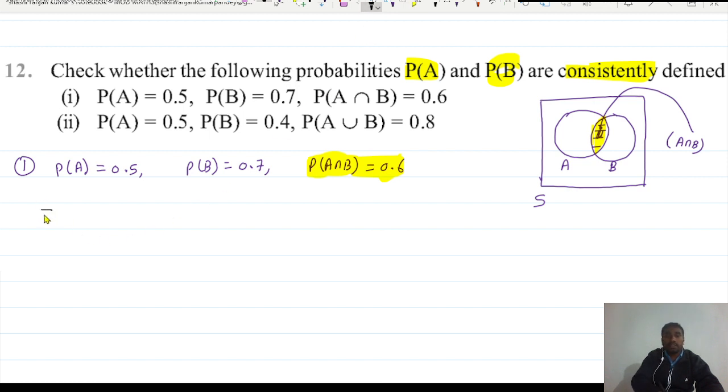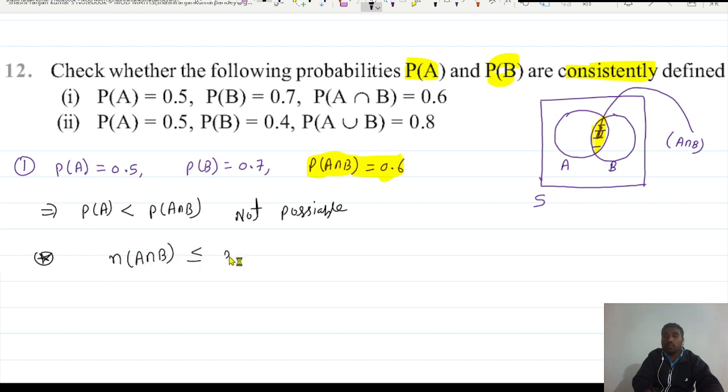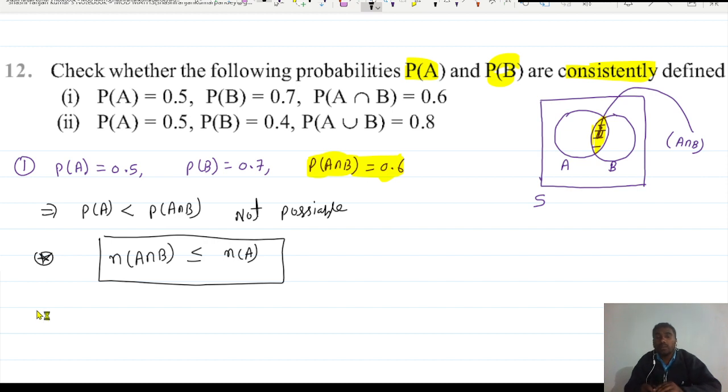The number of elements in the intersection will always be less than or equal to the number of elements in A. You can remember this: n(A intersection B) is always less than or equal to n(A). It may be equal if A intersection B equals A, but it can't be greater.